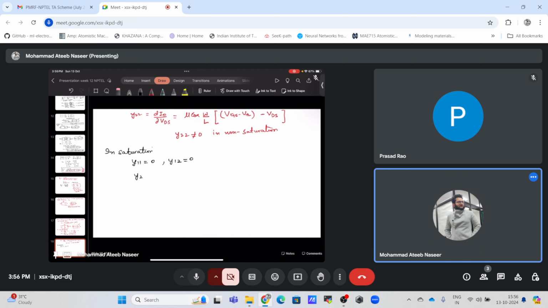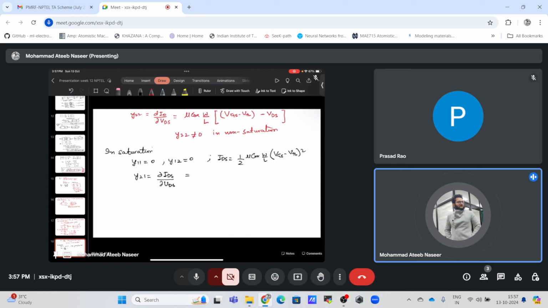Now Y21 is simply dID by dVGS, and IDS is simply 1 by 2 mu Cox W over L (VGS minus VTH) whole square.